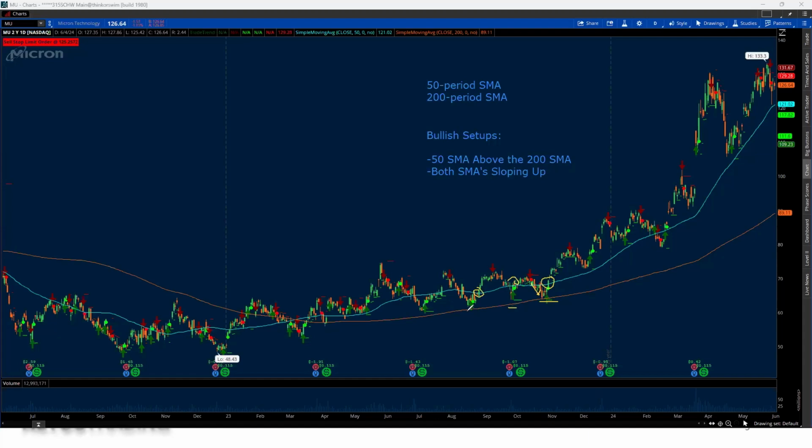This one, stop below. This one, stop below. This one, stop below. And generally when using that method, here's another one, you can define your risk and have a favorable risk reward ratio or profile.